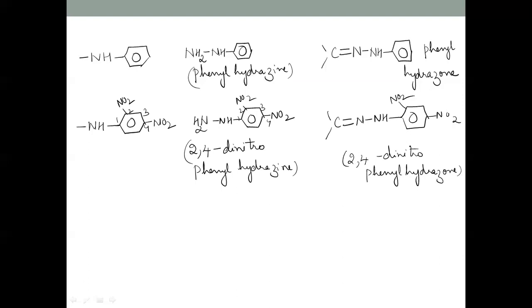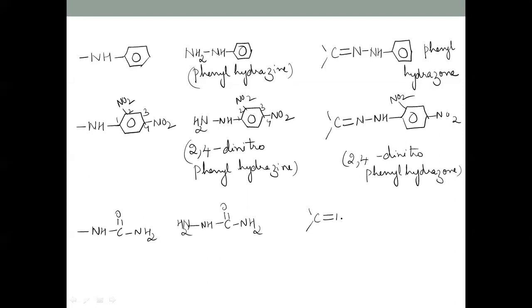Last one here. If Z is NHCONH2, what is the reagent name here? First, I'll write the reagent: NH2 with Z, which is NHCONH2. This is called semicarbazide. How do you write the product?